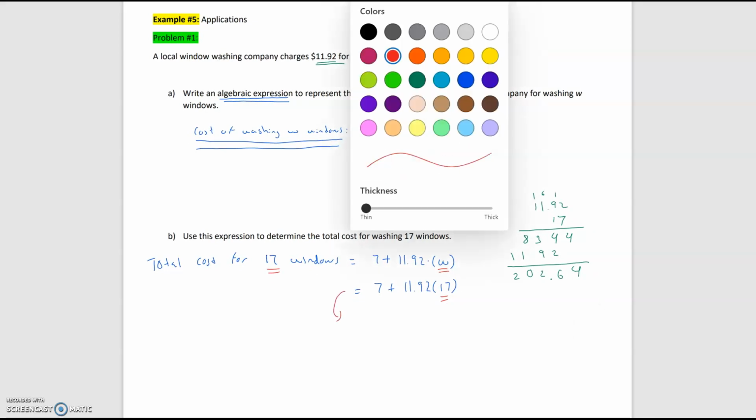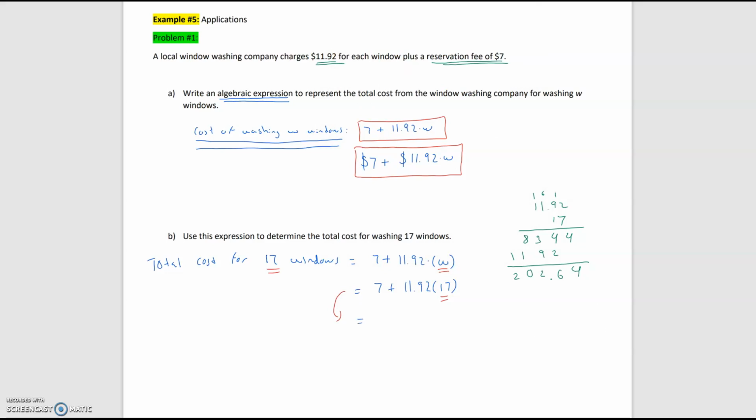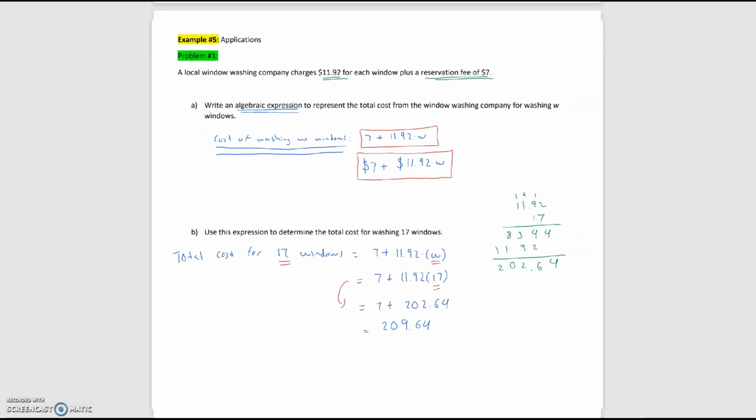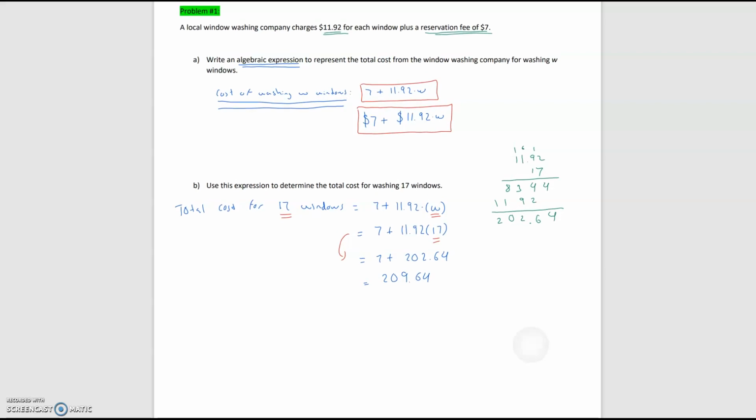So this is going to be equivalent to 7 plus 202.64, or 209.64. And let me write it as a sentence.